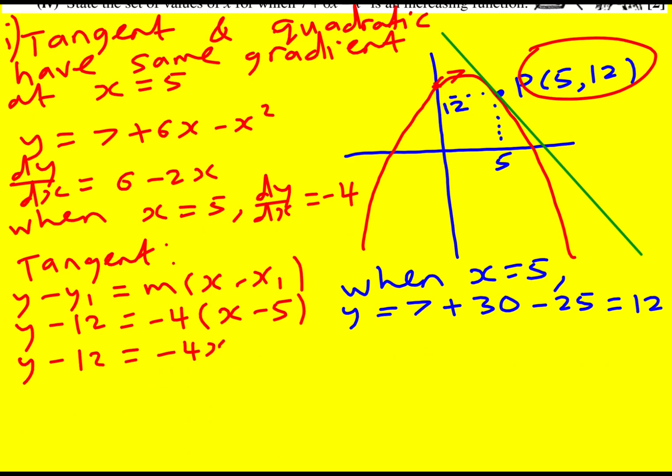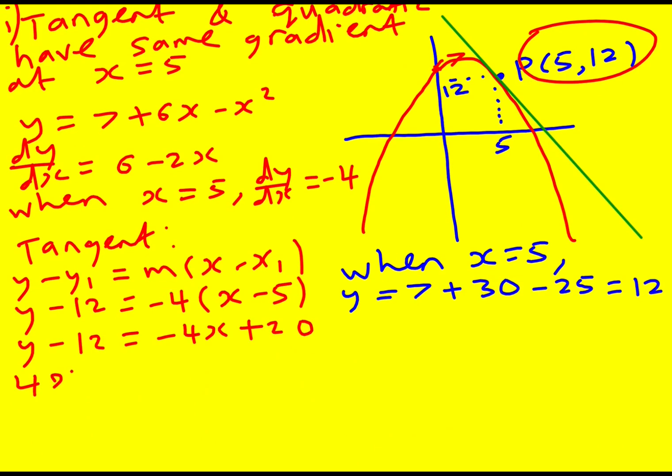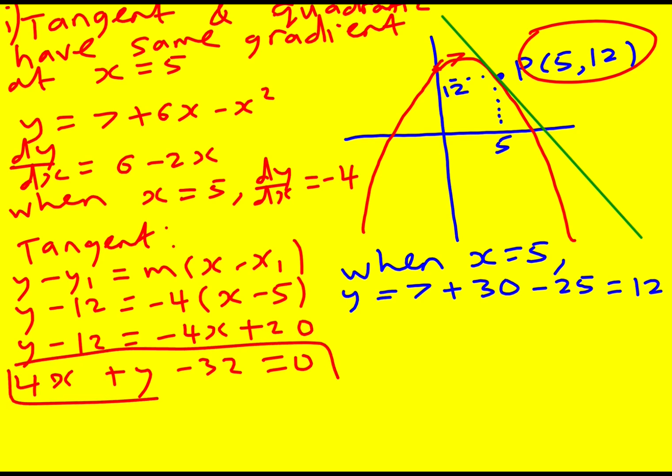So expand it out. Yeah, so 4x plus y minus 32 equals 0. You could write minus 4x minus y plus 32 equals 0. Both is fine. But here I've left the x and the y with positive coefficients.